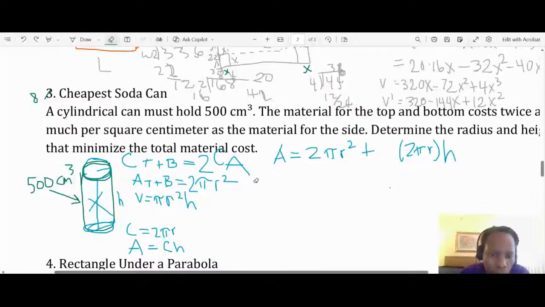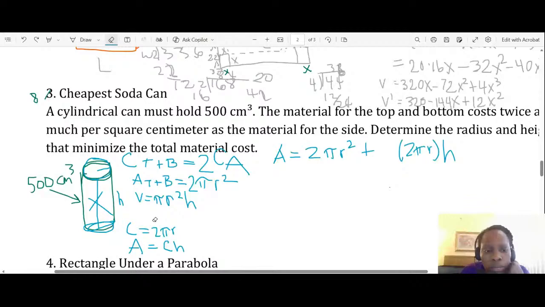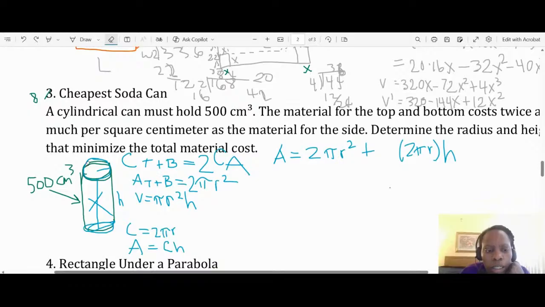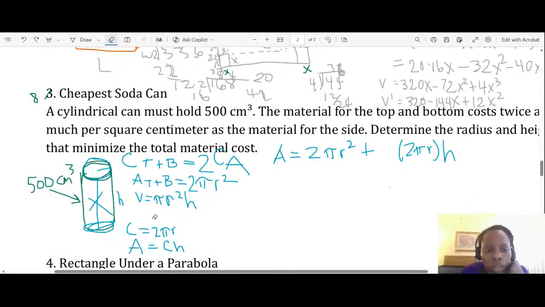Okay, how can we use the material cost? We can use the area of the volume, right?